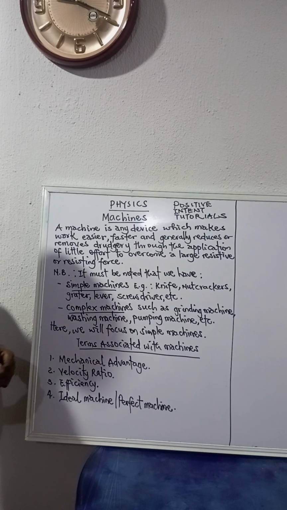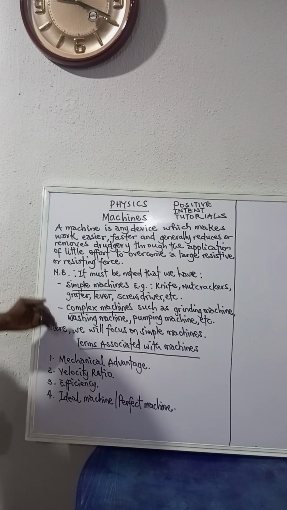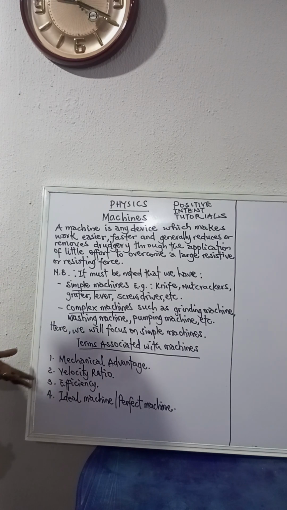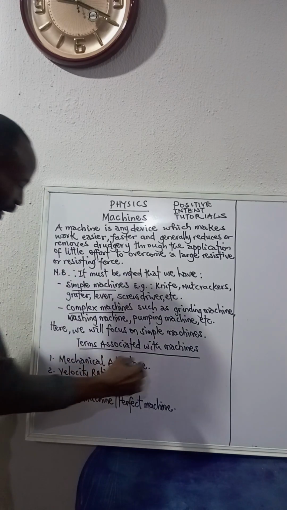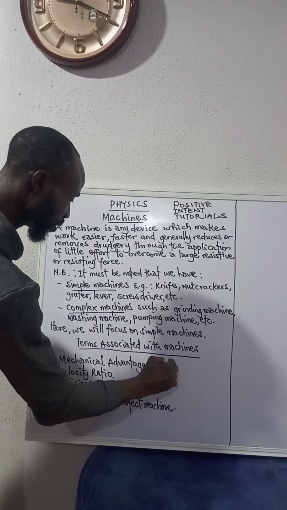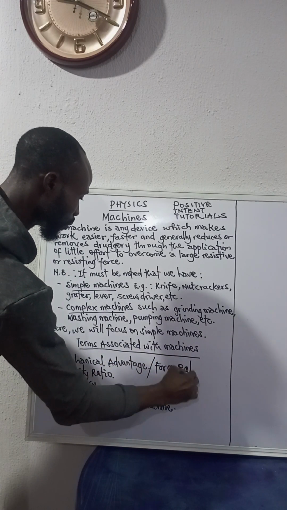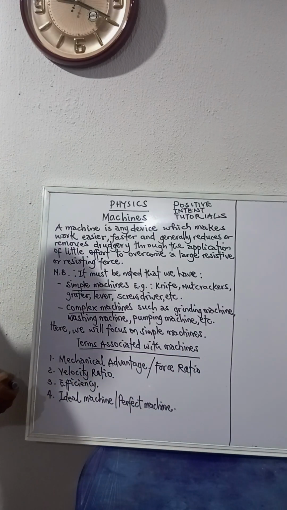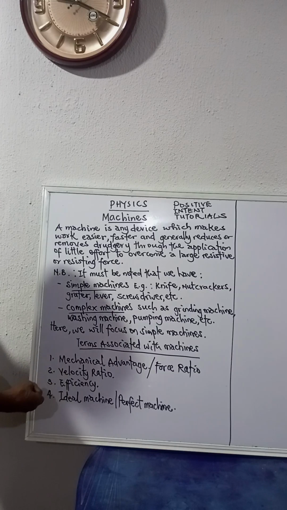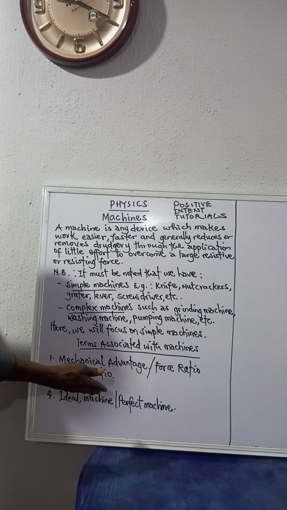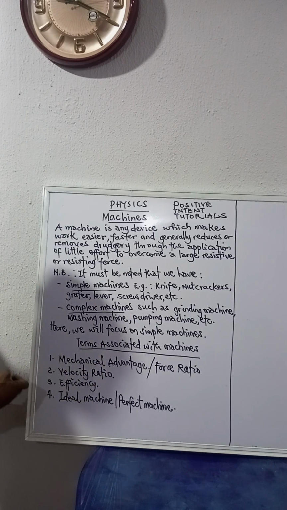Then we have terms associated with machines. What are these basic terms which are associated with machines? We have mechanical advantage, also known as force ratio. We also have velocity ratio. We have efficiency. Then we have ideal machine, which can as well be called perfect machine.